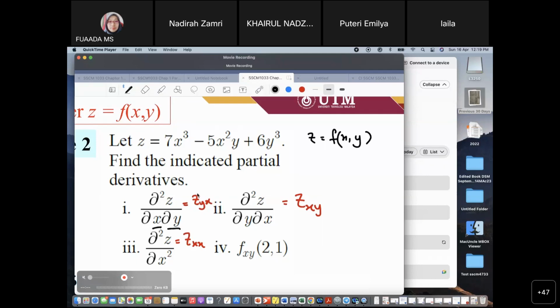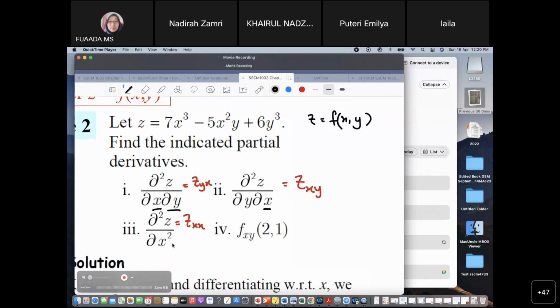Okay, you have to find the second order derivative. Number 2, del square z, del y, del x. Look at the rightmost, which is x, so you solve for x first. Find the partial derivative with respect to x, followed by y. And the third one, you have del square z, del x squared, meaning z, x, x.